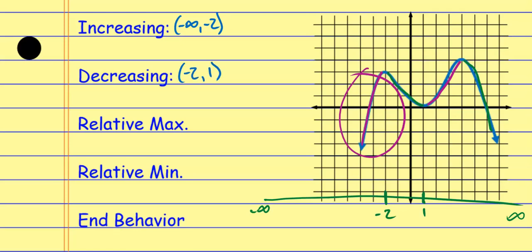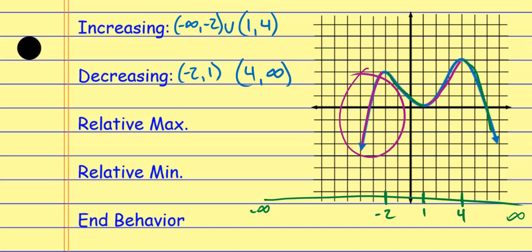And then from 1, it started going up again until I got to positive 4. So from 1 to 4, it was going up again, so that's increasing. And then after 4, it was going down, and it keeps going down for the rest of this thing. So from 4 to infinity, the function is going down again.